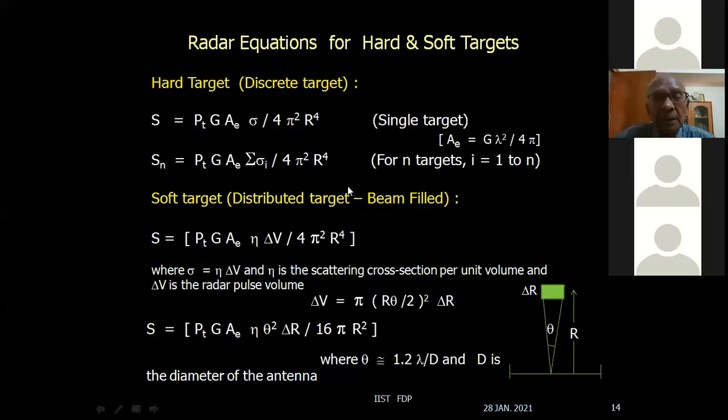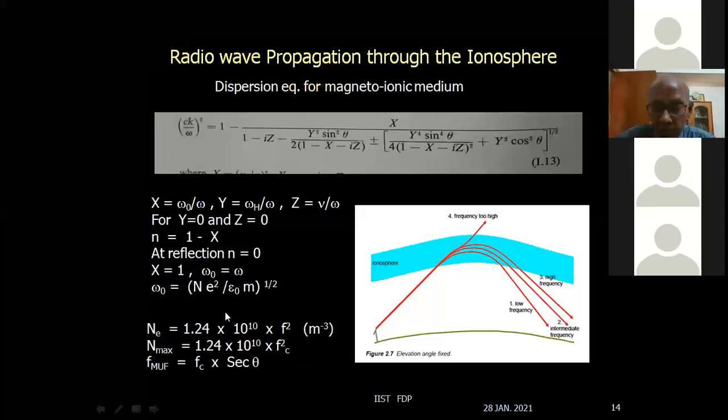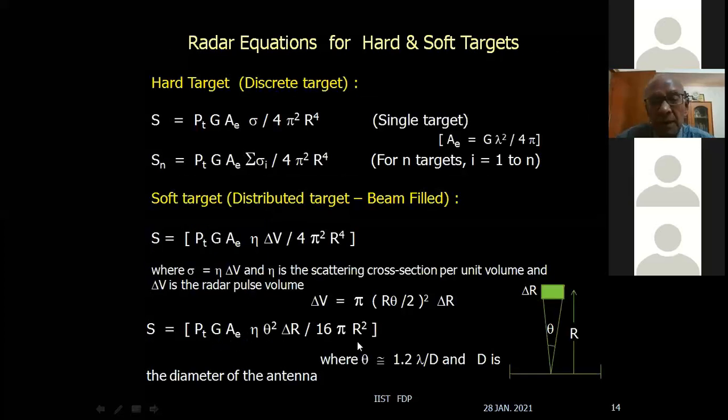They will be scattering. So in that case, for the signal power, you will have to integrate. You will have to find out the volume of the atmosphere that your pulse occupies, and that is r theta.